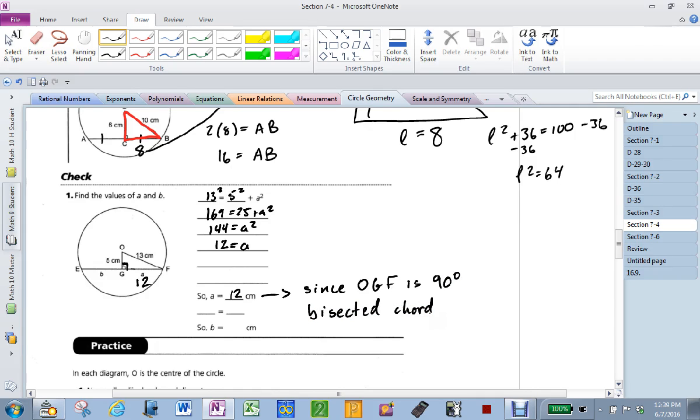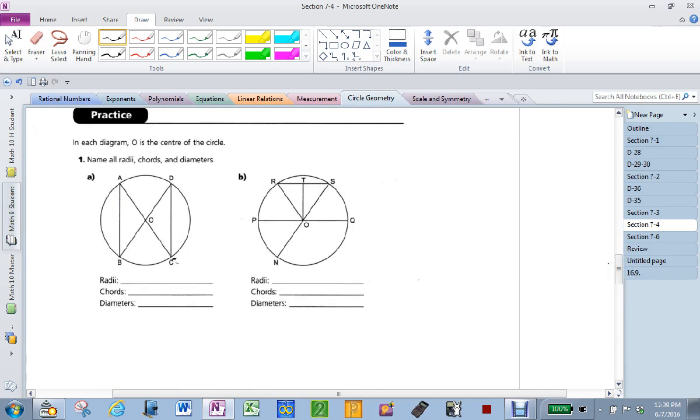Right? Which means A must equal B, so B must also be 12. Is everybody good?